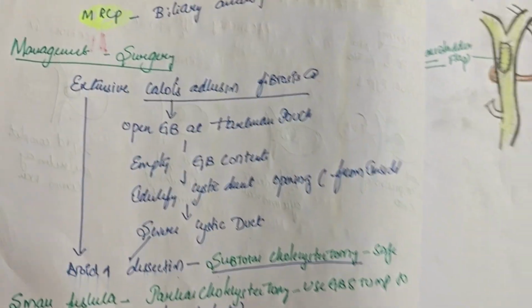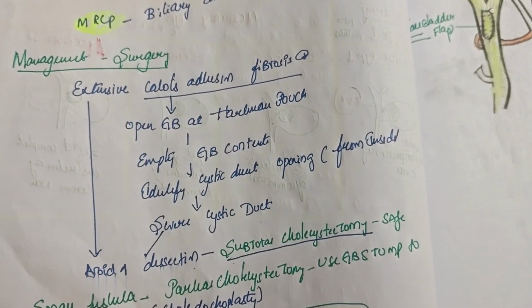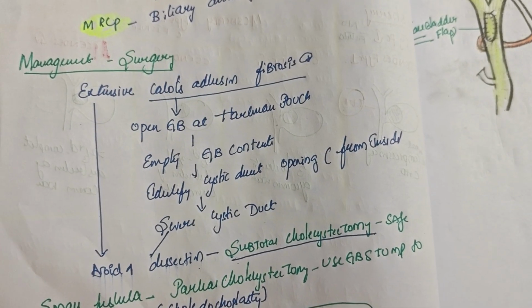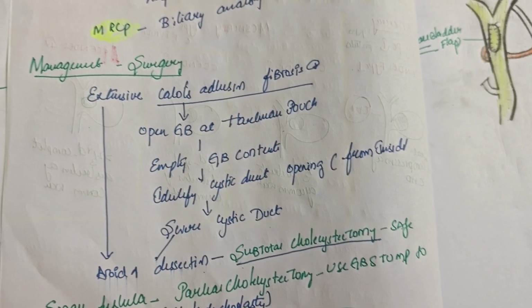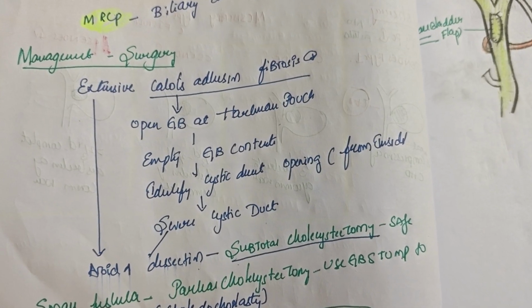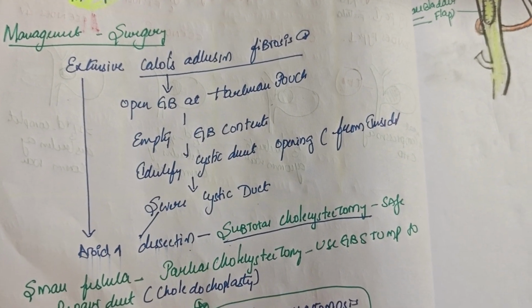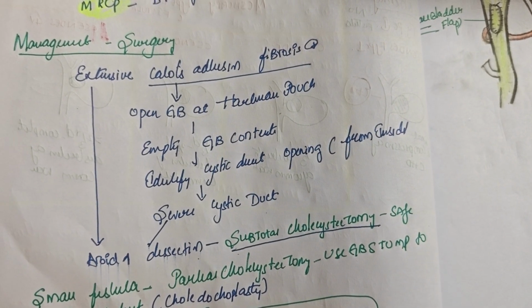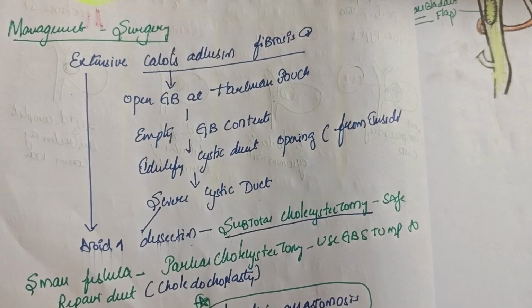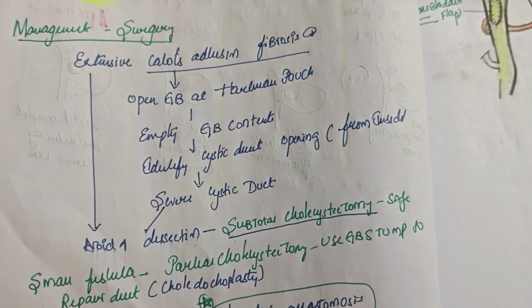Now, how do you manage these patients? In Mirizzi syndrome patients, if there is extensive Calot's adhesion and fibrosis, I cannot remove the gallbladder. What I do is open the gallbladder at the Hartmann's pouch. I've told you where the Hartmann's pouch is. I empty the gallbladder contents and identify the cystic duct opening from inside.